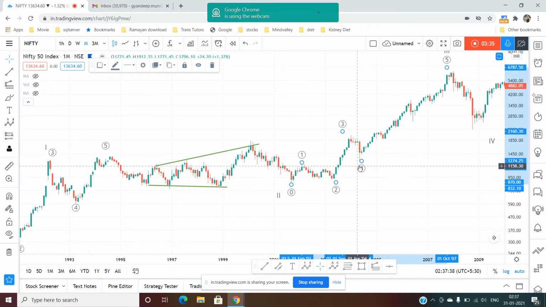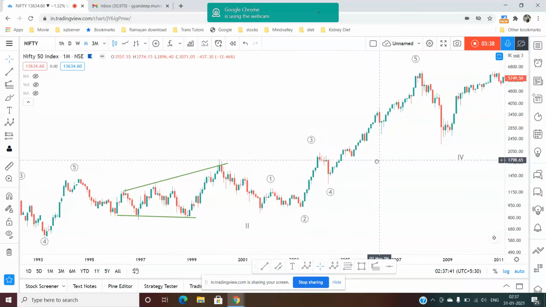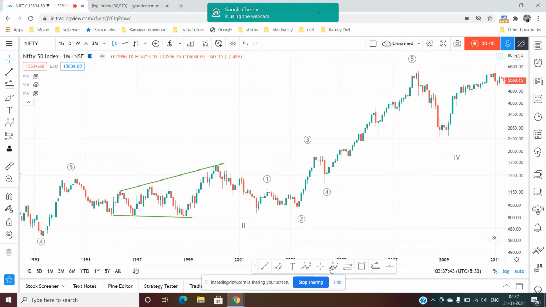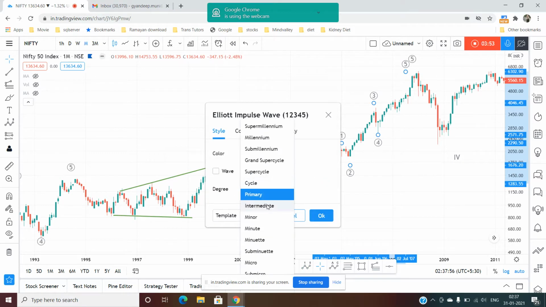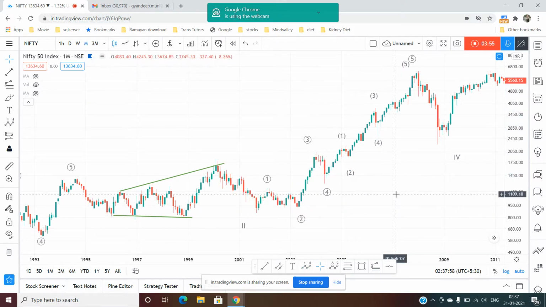Now from the fourth to the fifth wave, we can again divide into 5 waves. So that will be 1, 2, 3, 4, and this is the 5 wave of the lower degree. So I can say intermediate degree.